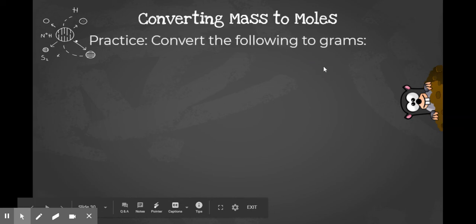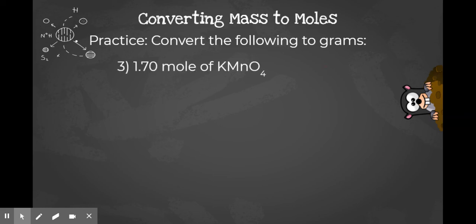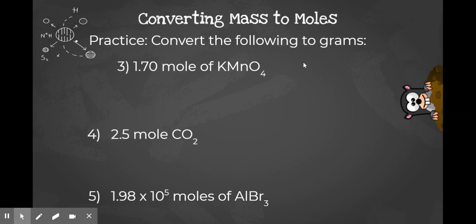Okay. So these practice problems that are showing up here are in your notes. I'm going to have you do them for basically homework. So work on these on your own. Look back at my example. Remember, if you're converting from moles to grams, you multiply. So that's my hint for these 3. You'll multiply.